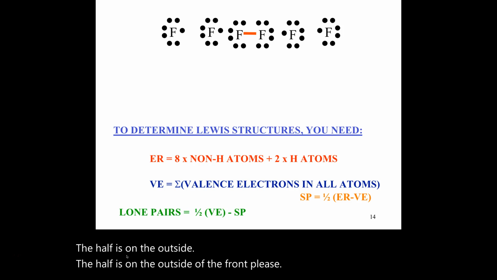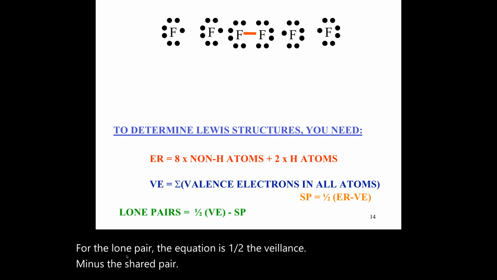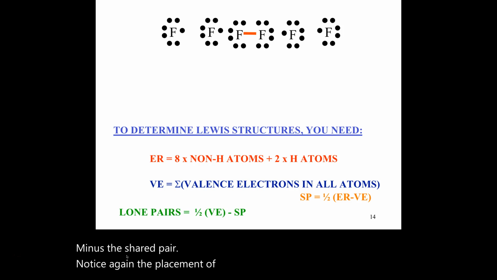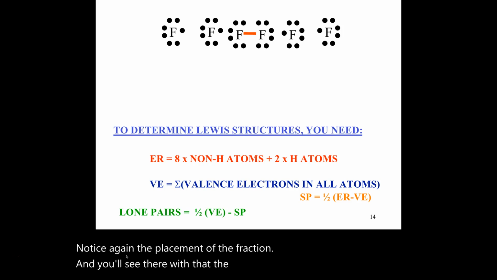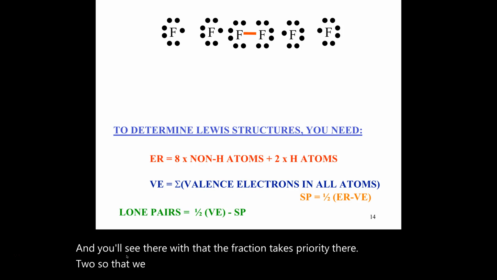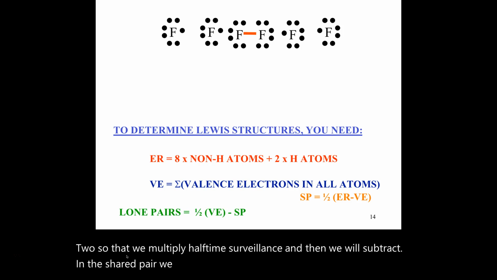For the lone pair, the equation is 1/2 the valence minus the shared pair. Notice again the placement of the fraction, and you'll see that the fraction takes priority, so that we multiply half times the valence, and then we subtract. In the shared pair, we subtract, then multiply. In the lone pair, we multiply, then subtract.